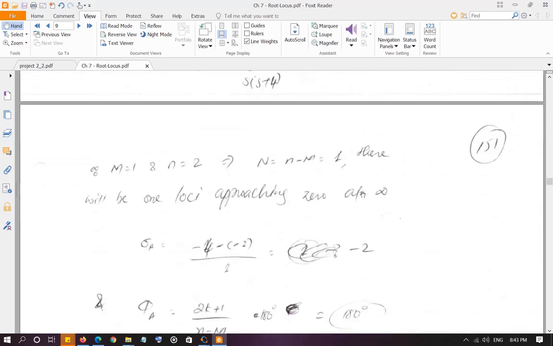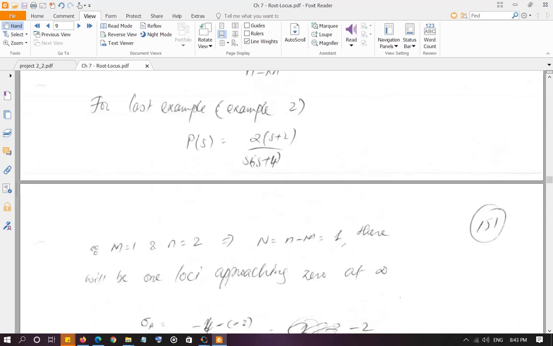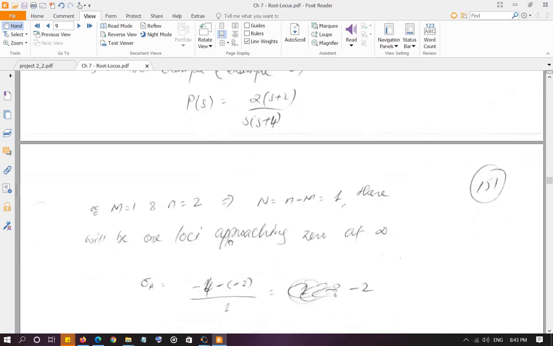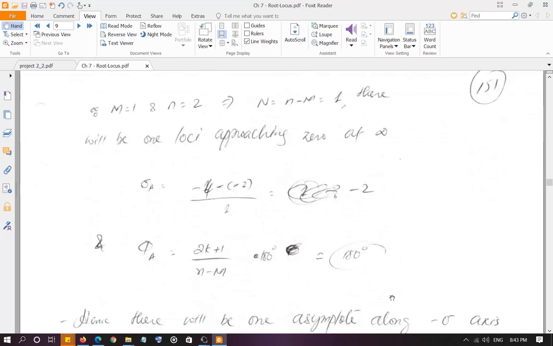Sum of all the poles means we have 2 poles, negative 4 and 0, so the sum of those is negative 4, minus the sum of all zeros, we have 1 zero at negative 2, so minus negative 2, divided by n minus m, which is 1, which will give us negative 2.